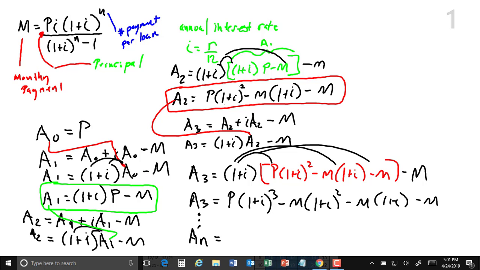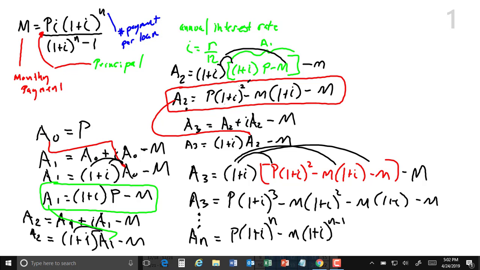This is following a pattern, taking P, and whatever n is goes here, and here I raise it to the n. Because you see the 3 with the 3, and the 2 up here with the 2 up here. See how it's going in a pattern? So what happens next is I'm going to write like this, and this ends up being 1 plus I to the n minus 1.